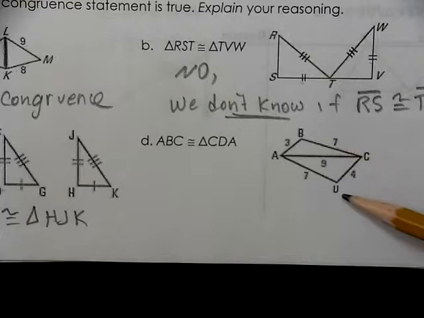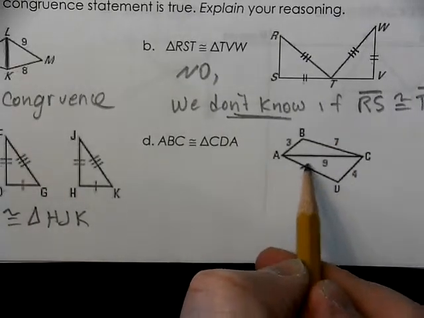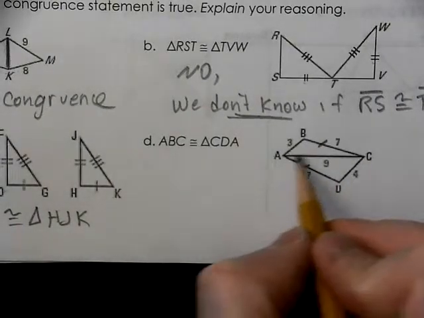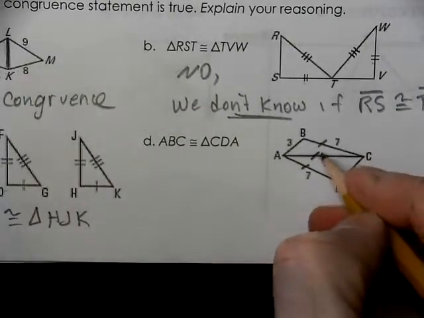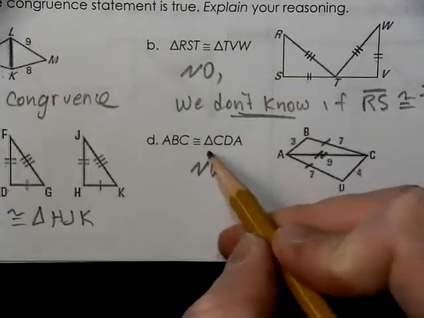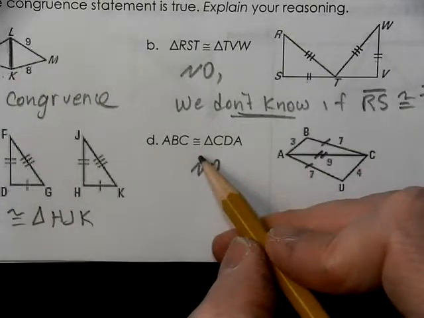With this pair, the 2 triangles, they both have 7s the same, so we can put 1 tick mark on those. They both have this reflexive property, so we can make both the same on those, but it clearly does not have a 3rd pair the same. Is the congruent statement correct?